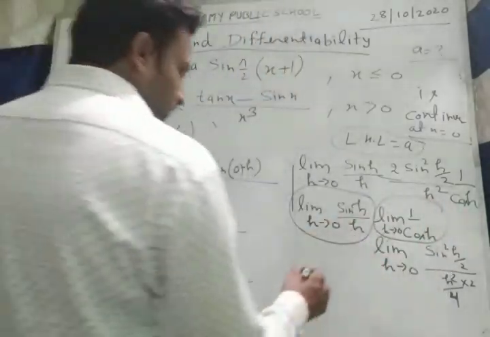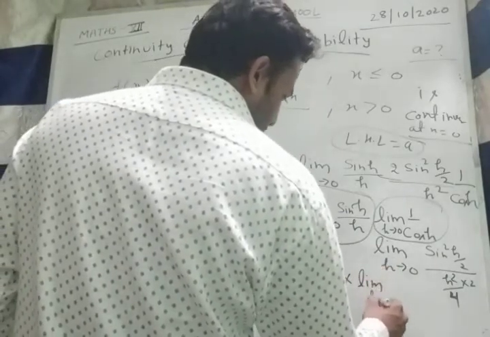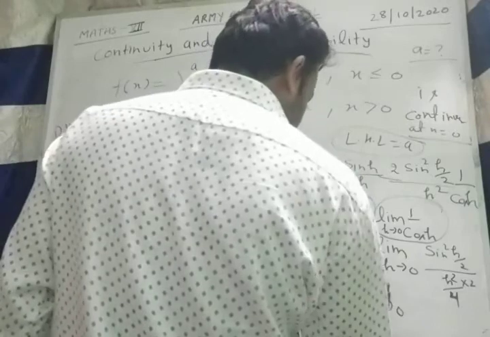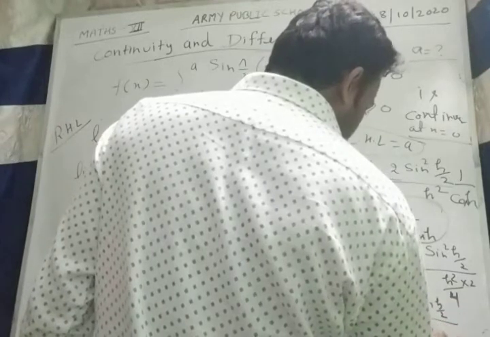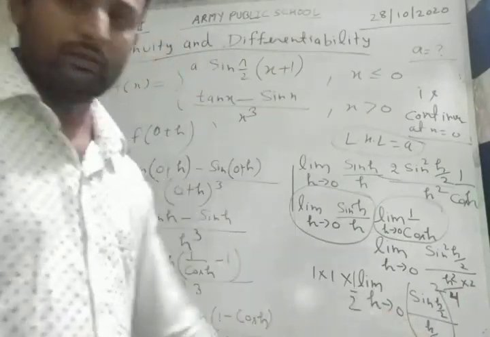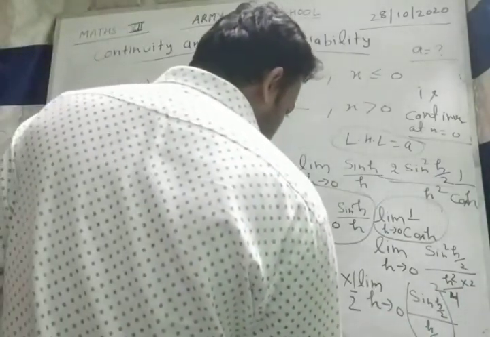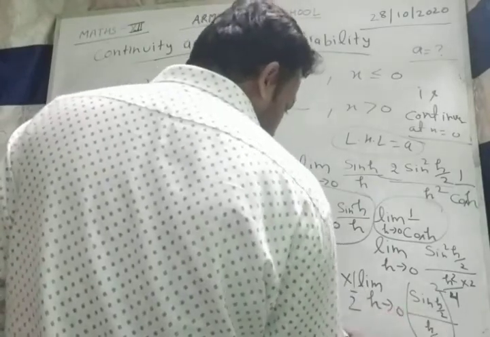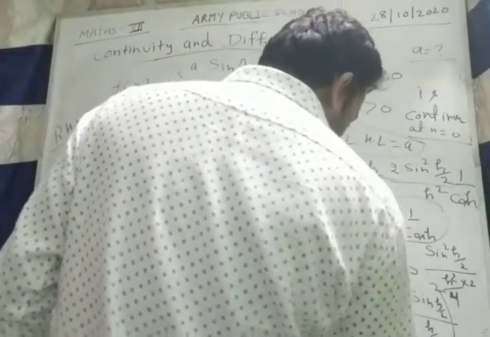So we write 1 into limit h tends to 0, 1 by 2 into sin h by 2 over h by 2 whole square. Now this term will be 1 again, so what we are getting is 1 by 2.